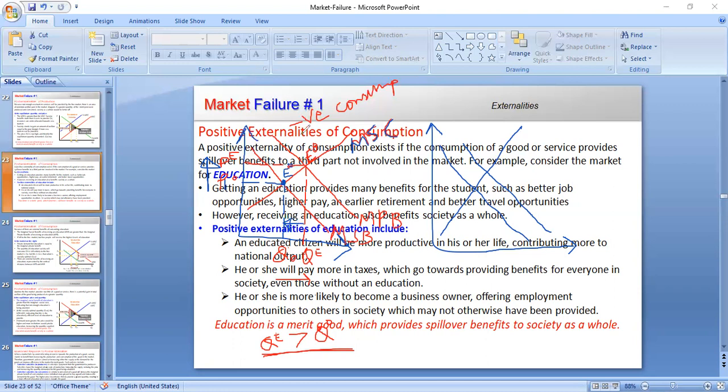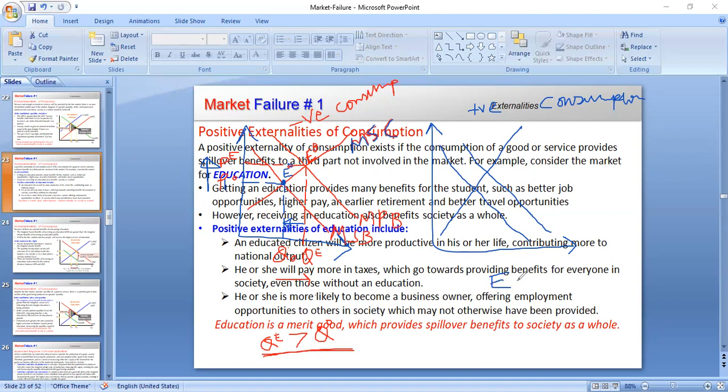Now, when it comes to positive externality of consumption, we have an example of education.